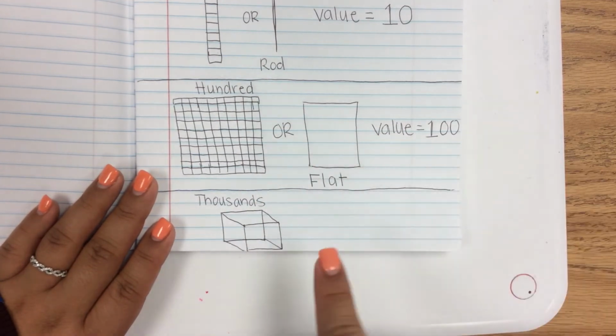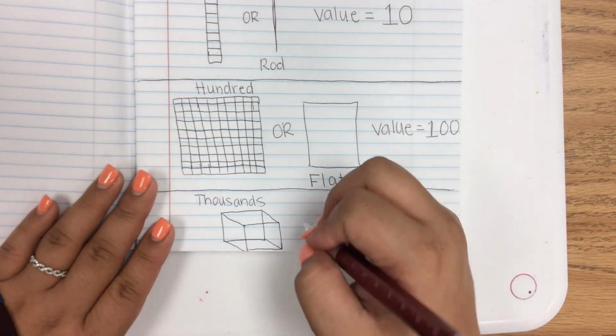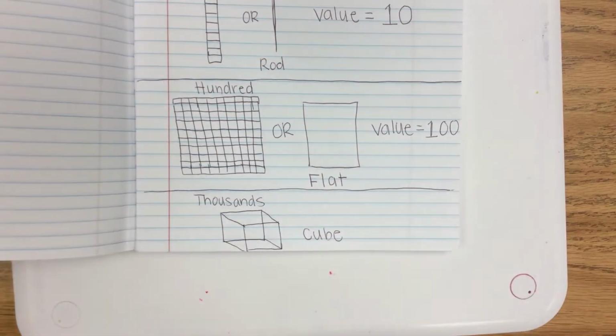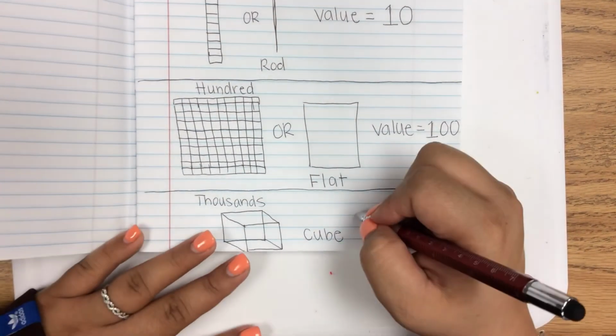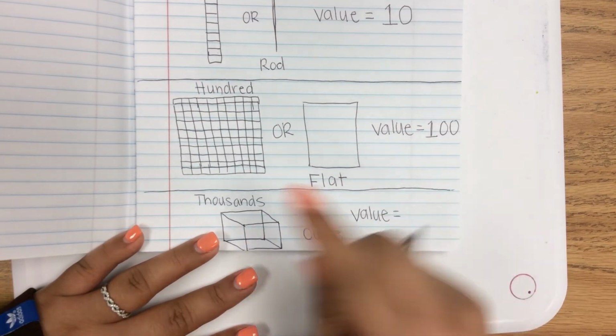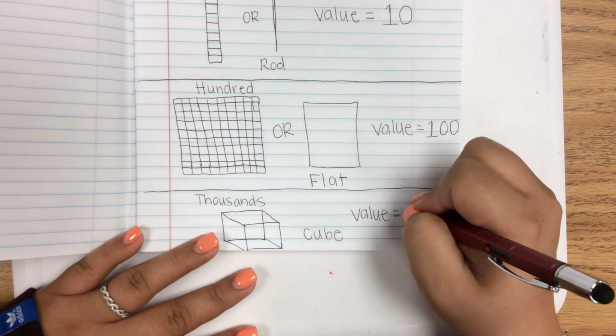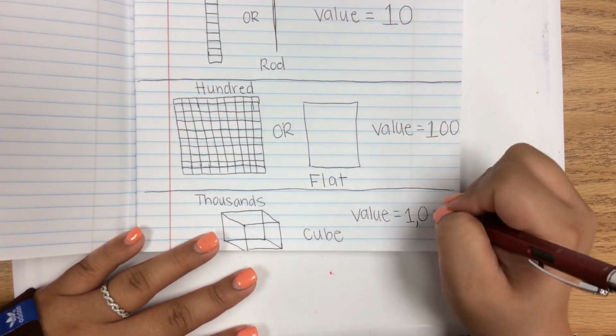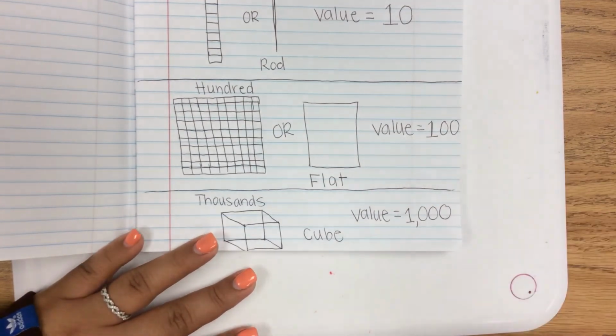And here is our thousands block, also known as a cube. And the value of this block is, you guessed it, 1,000. Now you want to make sure that you have a comma there. You're gonna need a comma if it's 1,000.